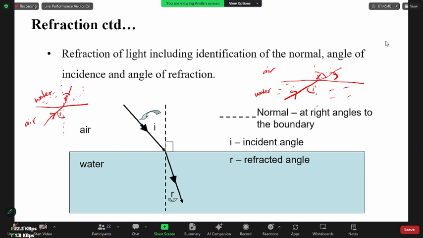Reflection is with one medium; light comes back to the same medium. And in refraction, if the light travels from less dense to more dense, it will make its angle toward the normal. If it is more dense to less dense, it will make the angle away from the normal, right?